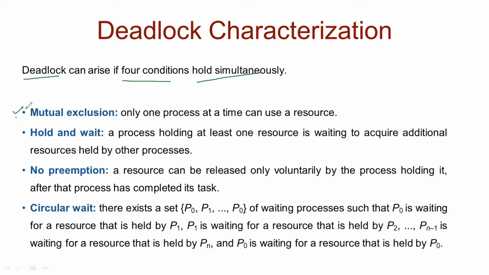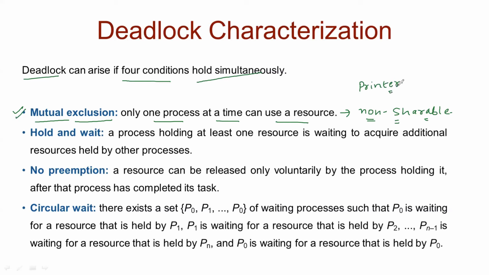So we will first discuss the first condition, mutual exclusion. According to this condition, only one process at a time can use a resource. It means the resource is non-shareable. So if in your system there are resources which are non-shareable, then there is a possibility that the system might go in deadlock. But this is obvious. There are some resources in system which are always non-shareable, like printer.